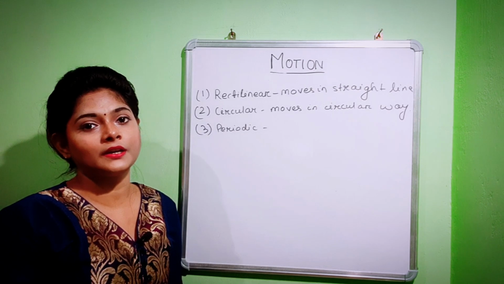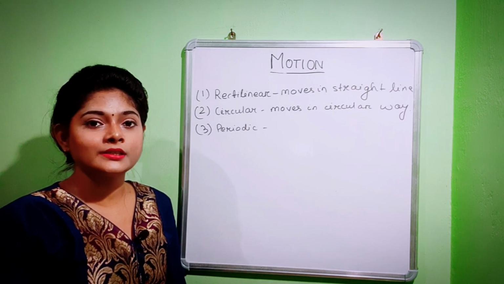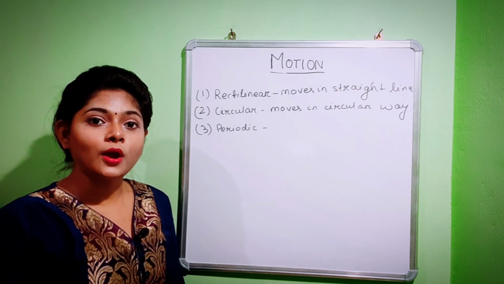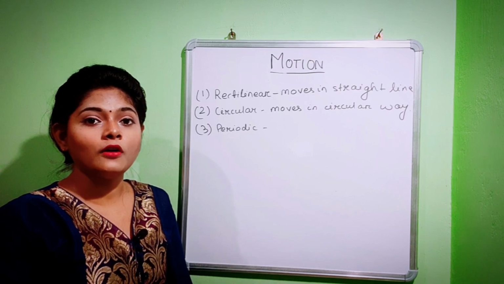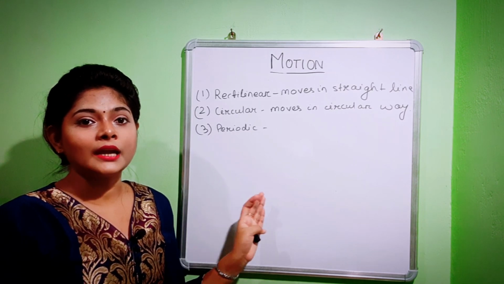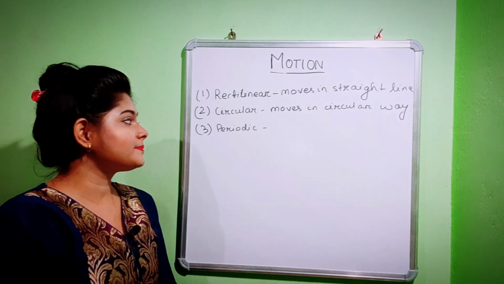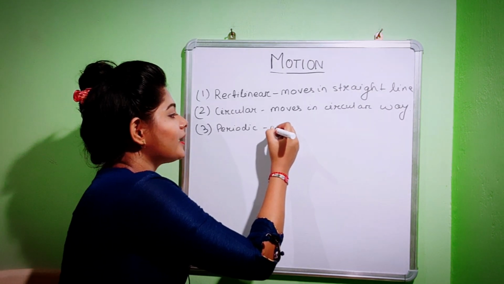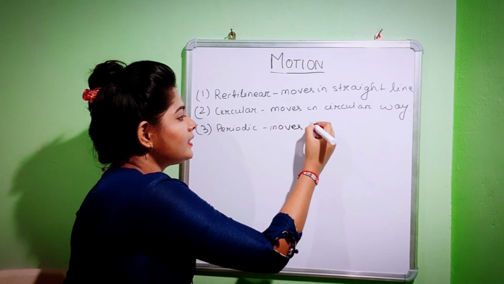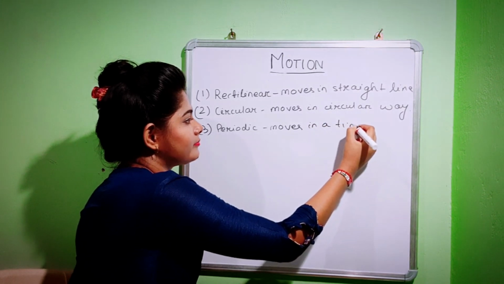Again 365 days, one revolution. So it is continuing its motion in a periodic way, in a period of 365 days. So that is periodic motion. So what is periodic motion? When an object moves in a time period.